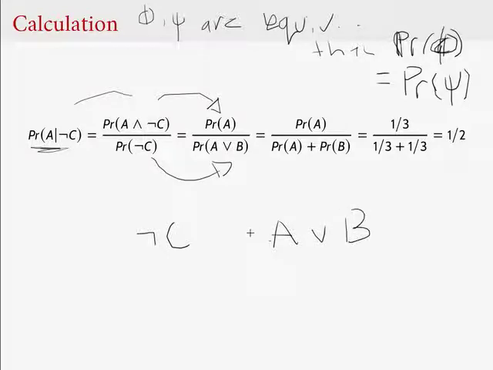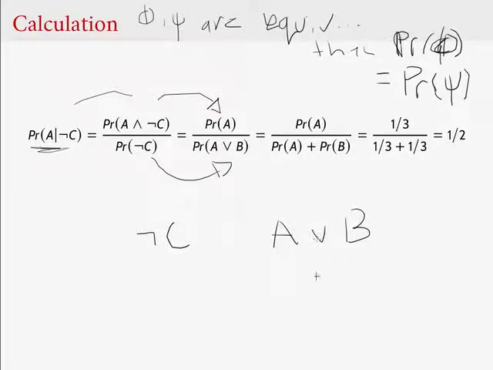Now why is that? That's because we're assuming, as a background setup for this question, that the prize has to be behind one of these three doors. So we're assuming that either A or B or C has to be true. Therefore, if C is false, then either A or B has to be true.